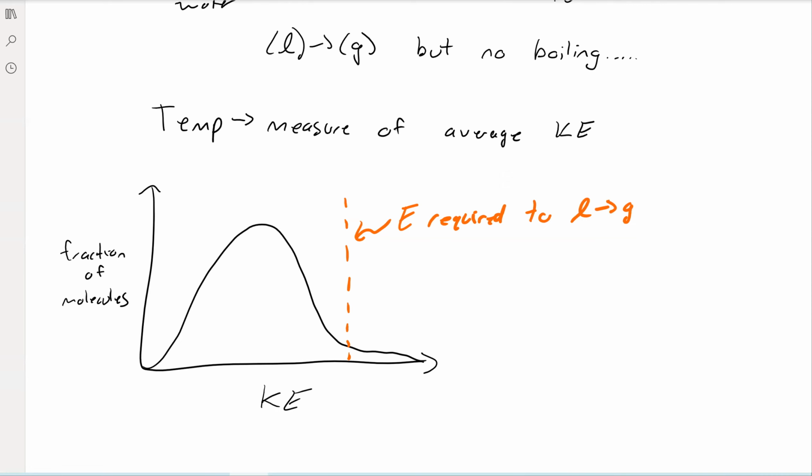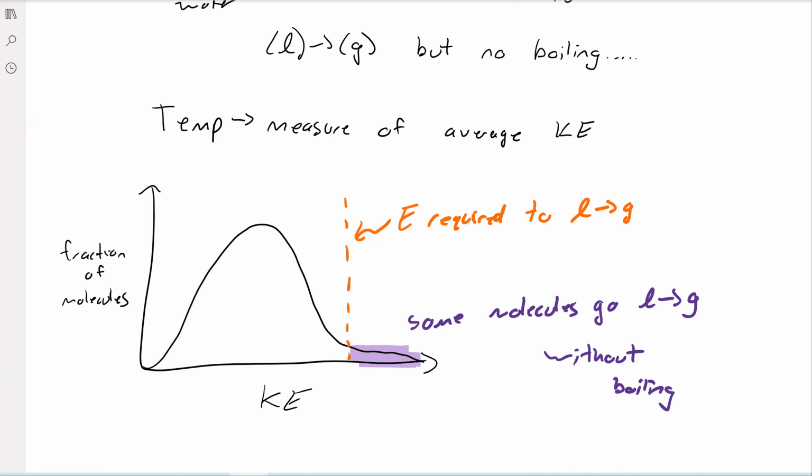And so we can see that even though our average is below this energy required, some molecules do have enough energy. So some molecules go from liquid to gas without boiling. Right, and that makes sense, based on our everyday observations: things evaporate.